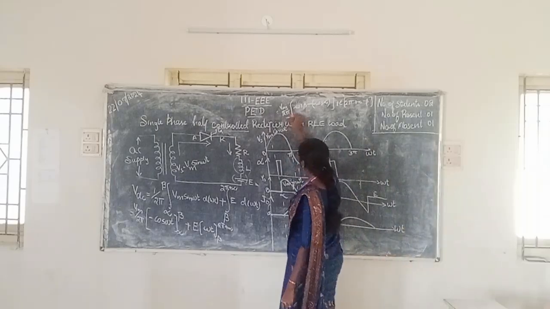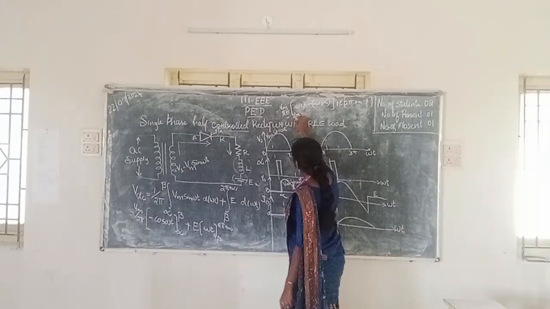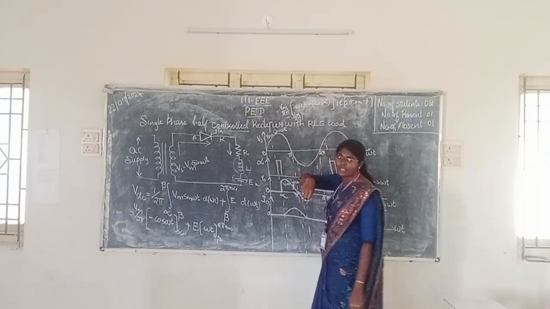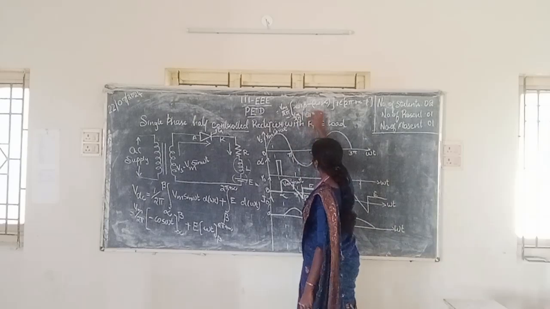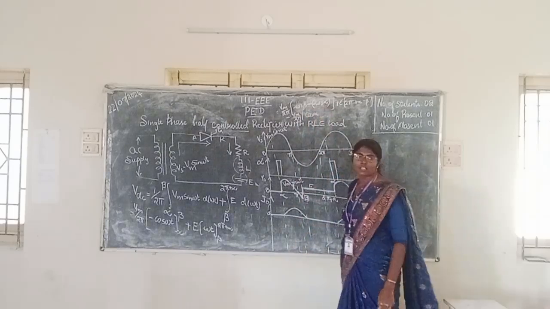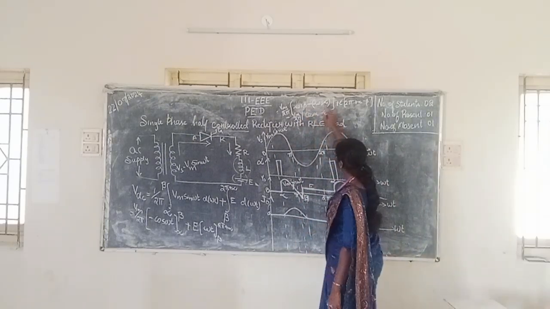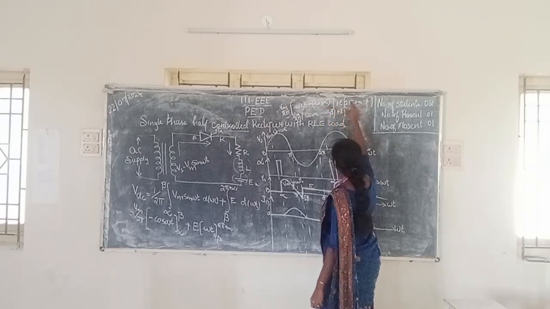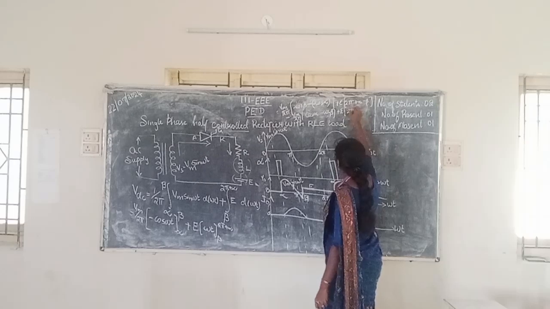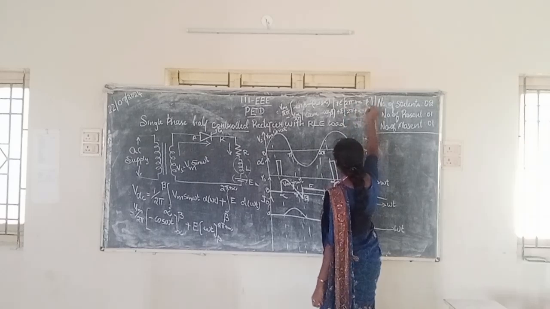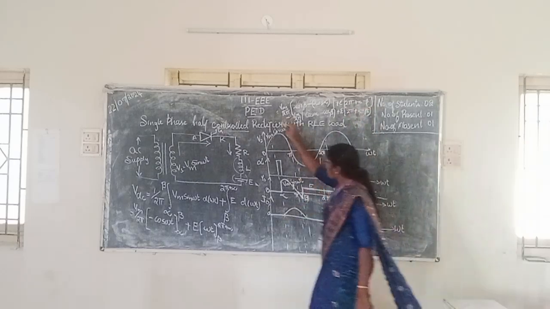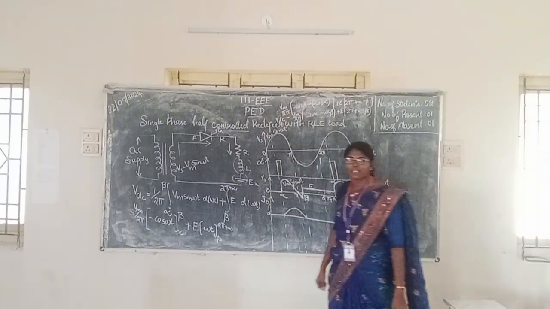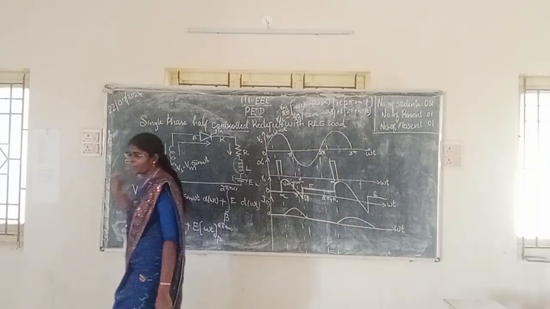So now we can write this as Vm by 2 pi, minus of minus becomes plus, so first we write cos alpha minus cos beta, and the second term plus E into 2 pi plus alpha minus beta. This is the output VDC. So what is IDC then? You copy it.